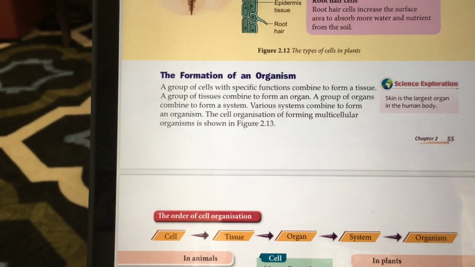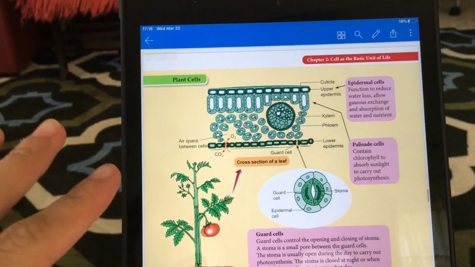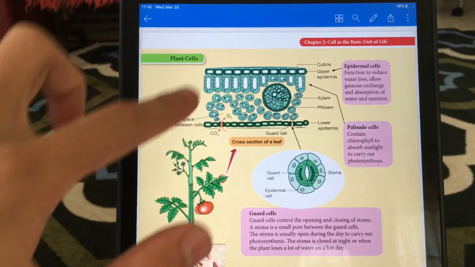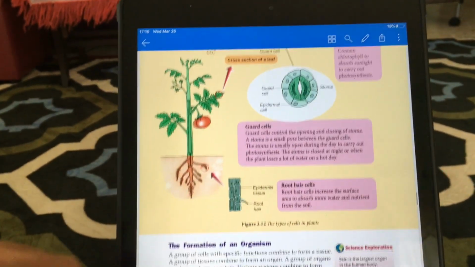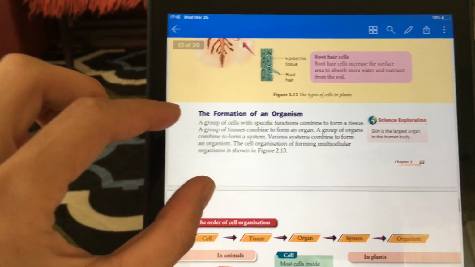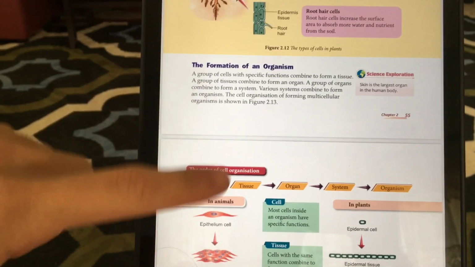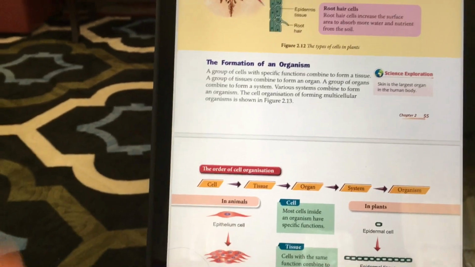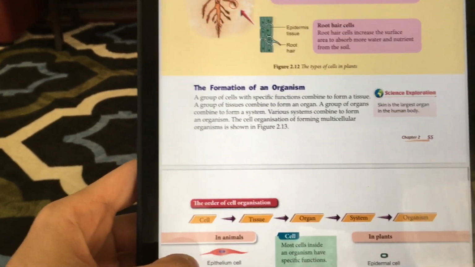Alright, next one is the formation of an organism. So we know that multicellular organisms have different cells. Okay, setiap organisma multisel dia ada banyak sel. Okay, so from one cell to a whole body, a whole organism, it has to go a few steps. Okay, dia ada peringkat-peringkat organisasi di dalam sesebuah organisma.